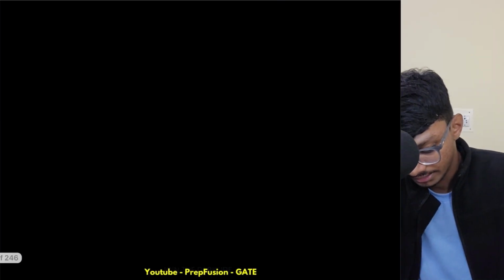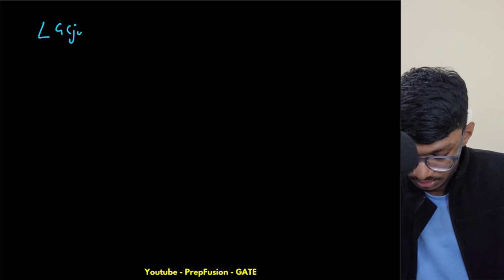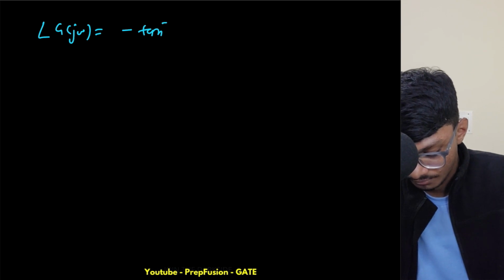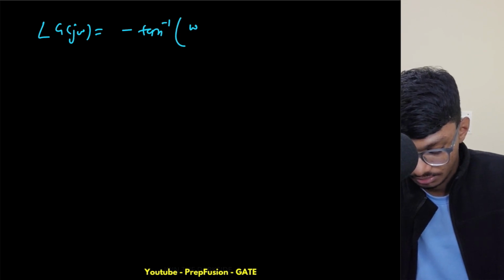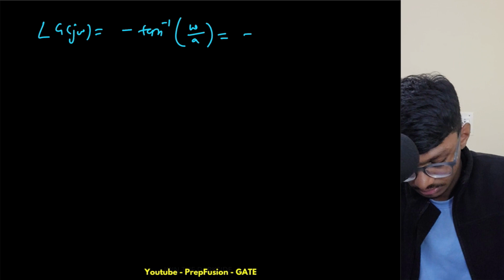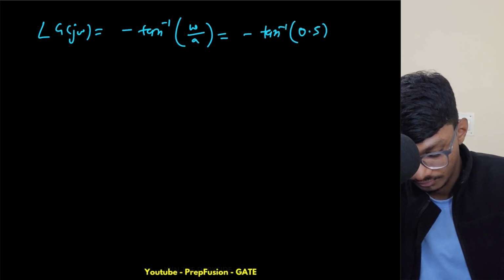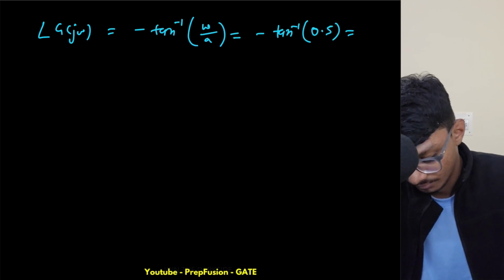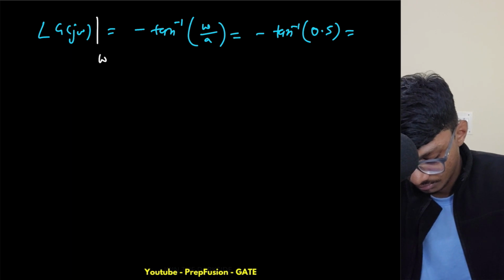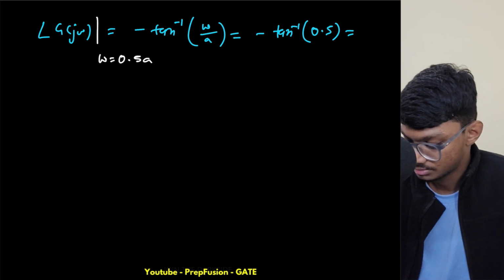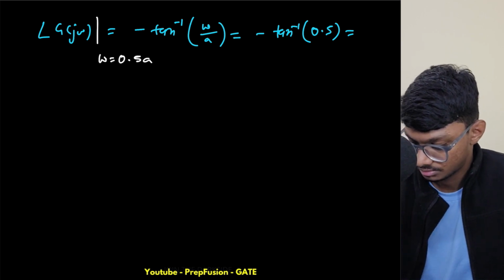Now let's find the error in phase angle. Again let's write the angle formula. It is simple, right? Tan inverse minus tan inverse omega by a. So what is this? 0.5, so minus tan inverse 0.5, at omega equals 0.5a.